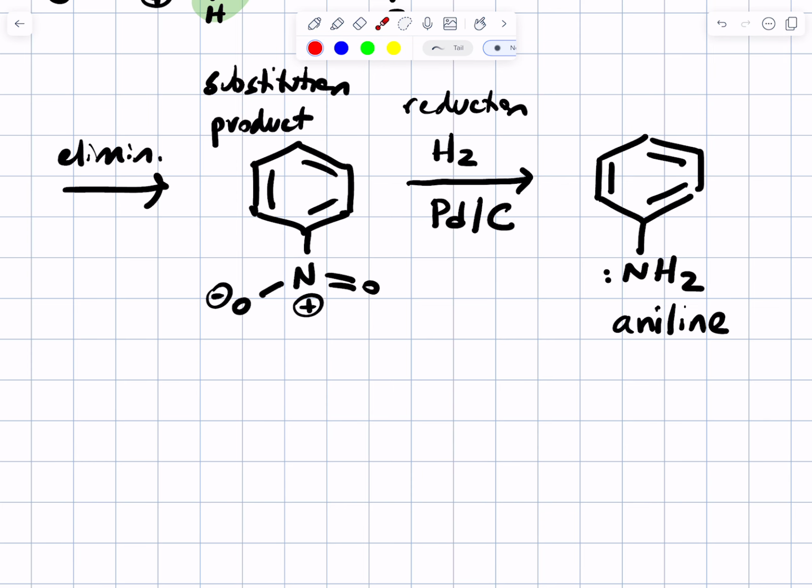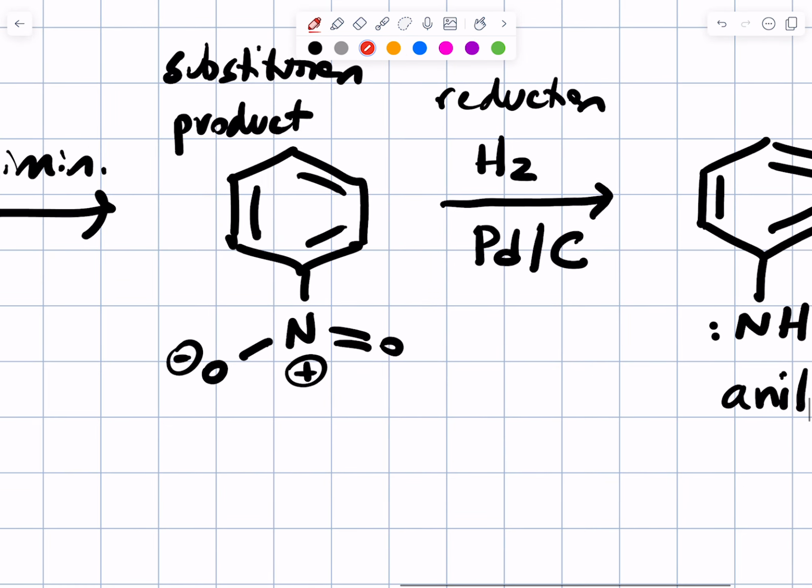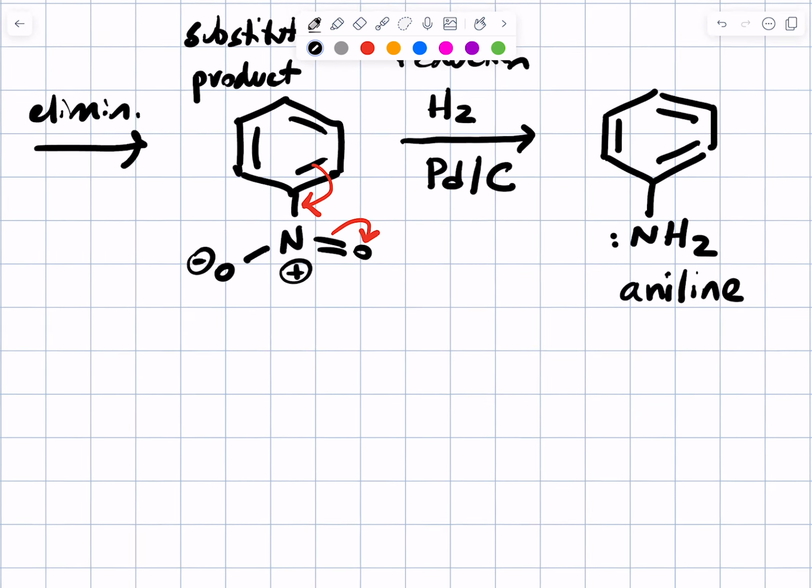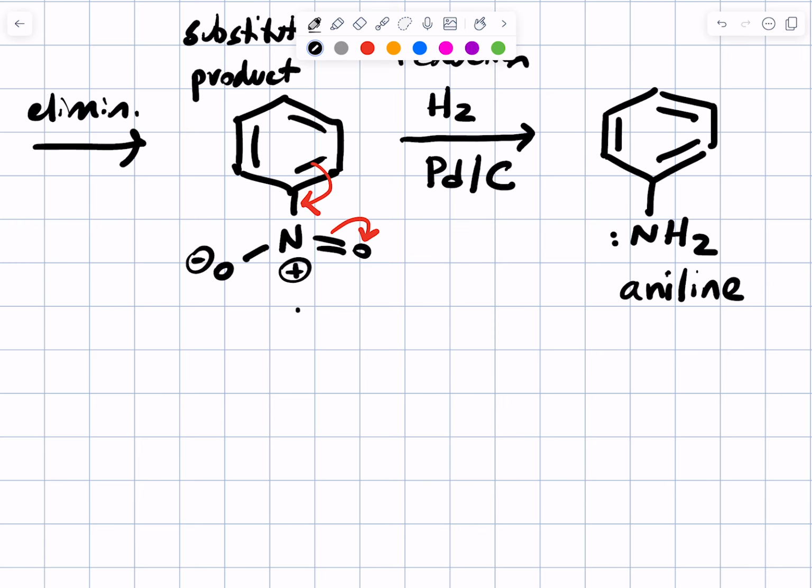And that means I could draw a resonance structure in which I actually move electron density out of the benzene ring and onto the oxygen of the nitro group. So let's go ahead and draw that resonance structure.